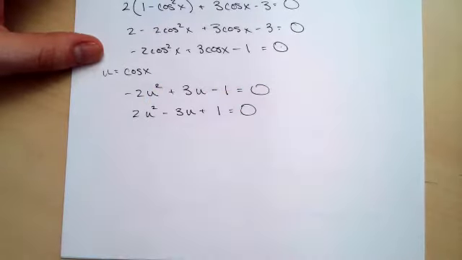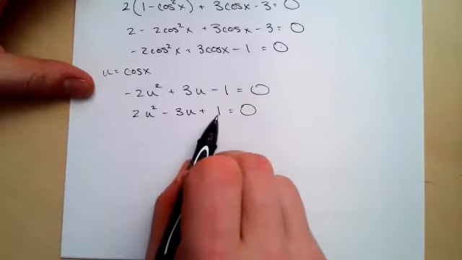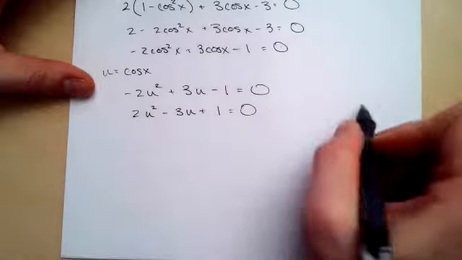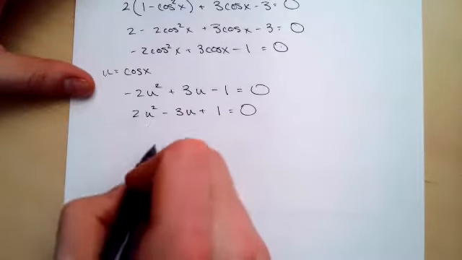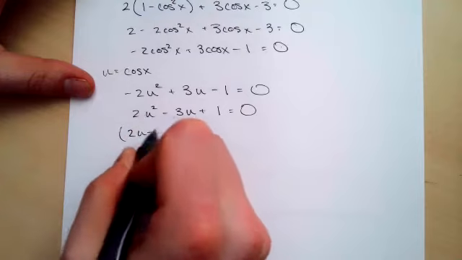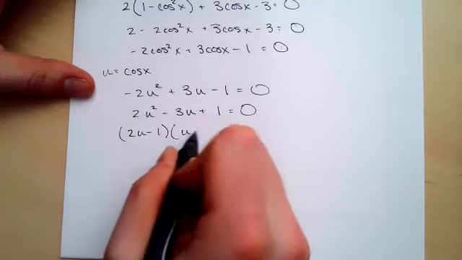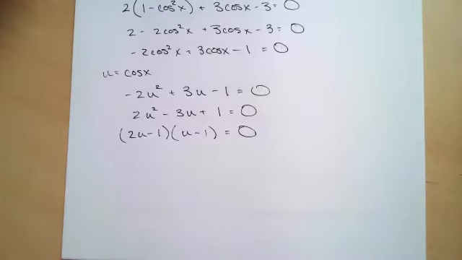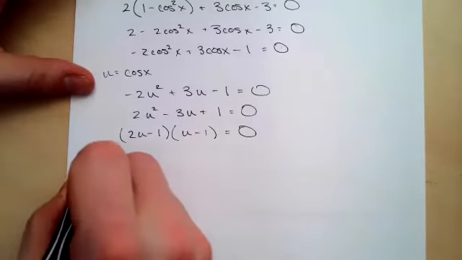I'm going to do that because we want to factor this. So 2 times 1 is 2. And so we're looking for factors of 2 that add to 3. So it's going to be 2 and 1. So we'll have 2u minus 1 and u minus 1. We set each of those terms equal to 0.